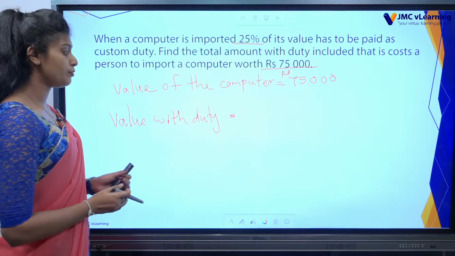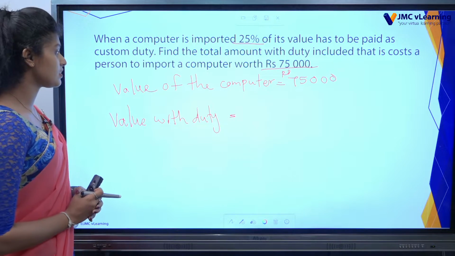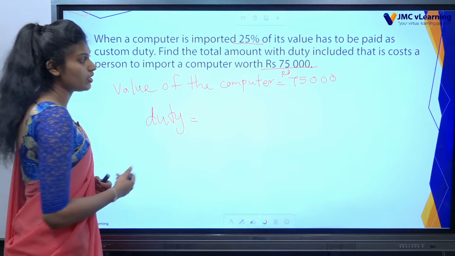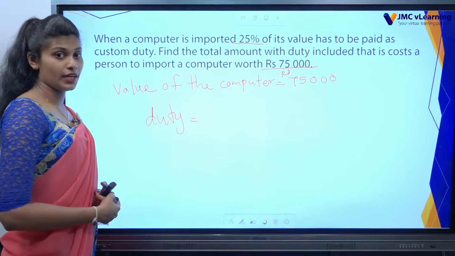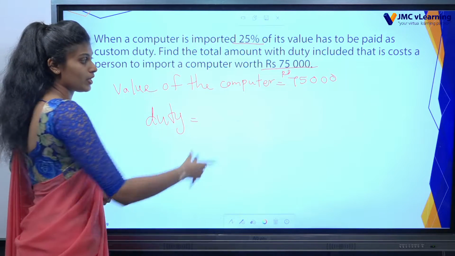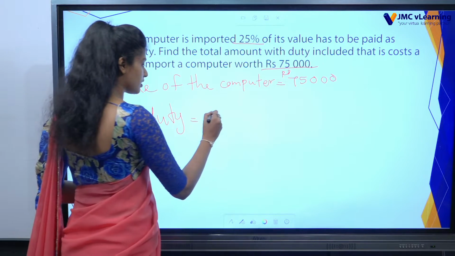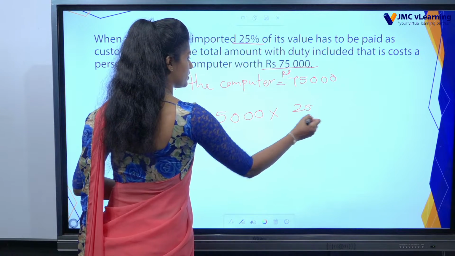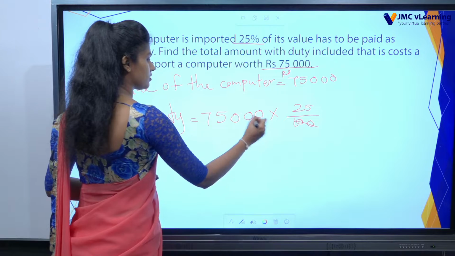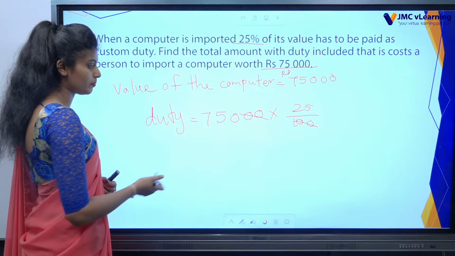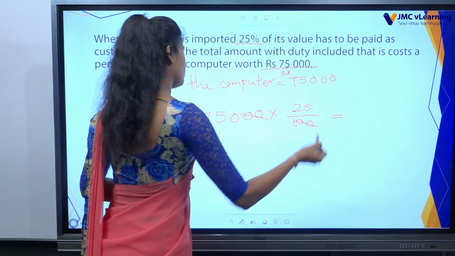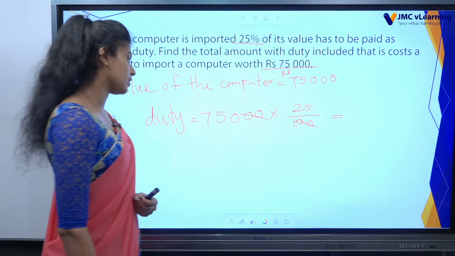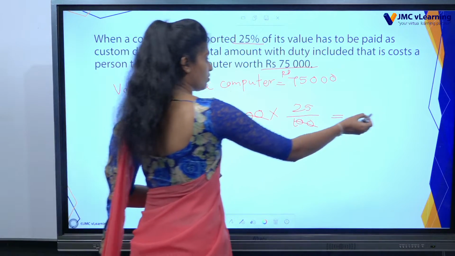Before finding this one, let's find what the duty is. How much duty has to be paid? You have to pay 25% of the amount. The amount is 75,000. Then 75,000 into 25%. The duty is, let's multiply them. What is the answer? 75 into 0, 0.